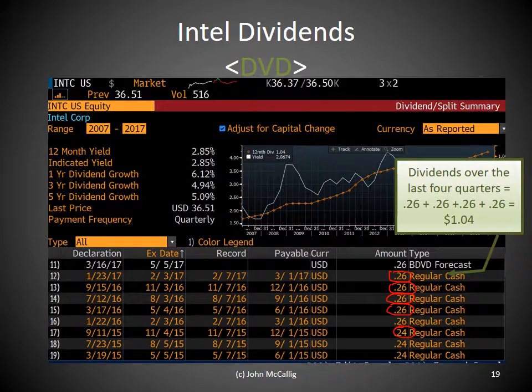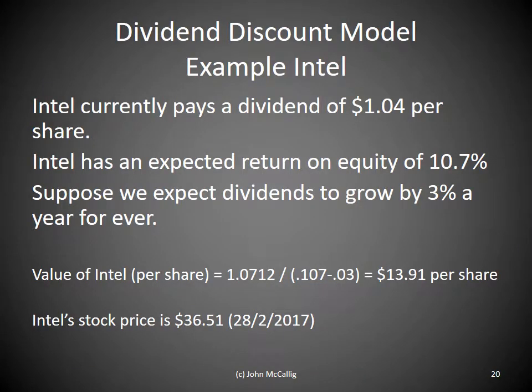Intel's dividends from 2015 were 24 cents a quarter, then they went up to 26 cents a quarter. Bloomberg are forecasting them to stay at 26 cents a quarter for next quarter. Dividends over the last 4 quarters were $1.04, by adding up the 4 quarters of 26 cents each.